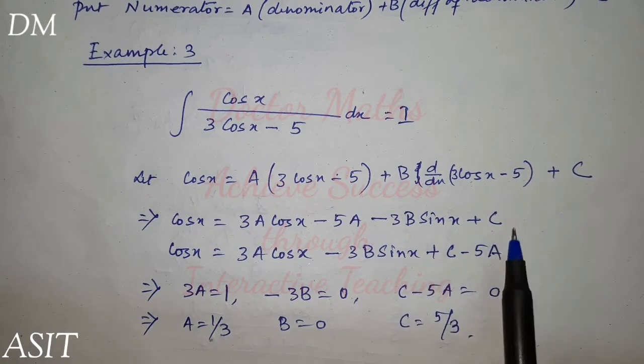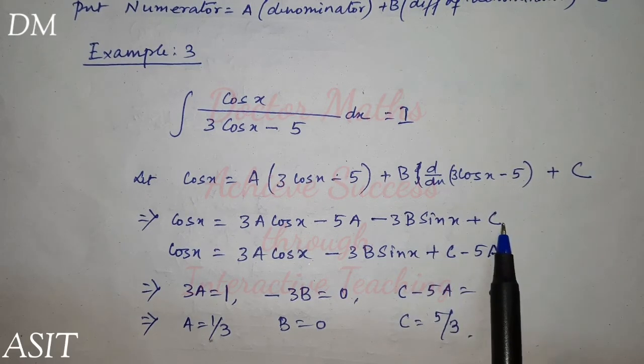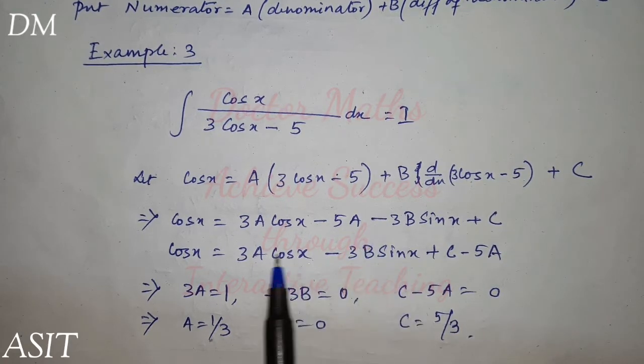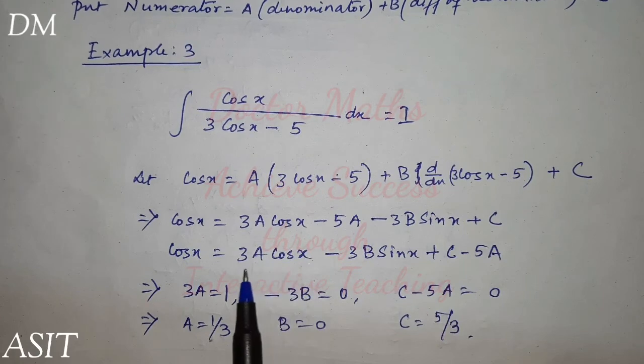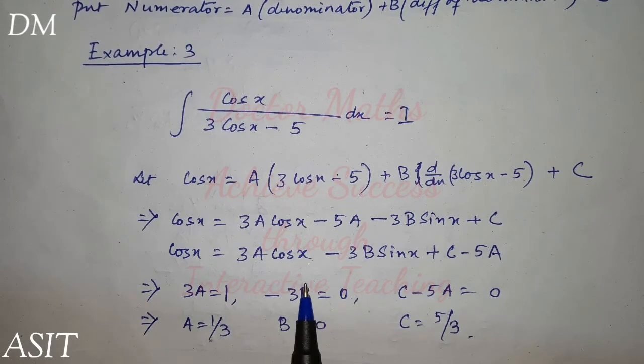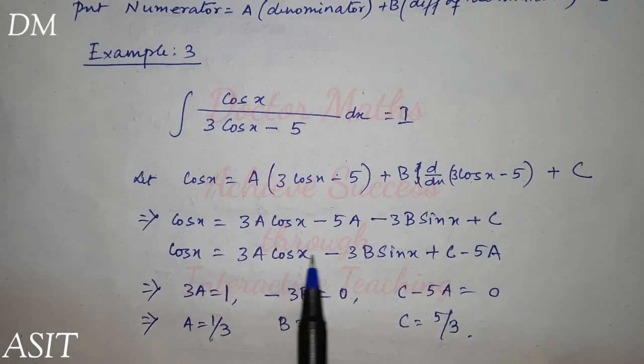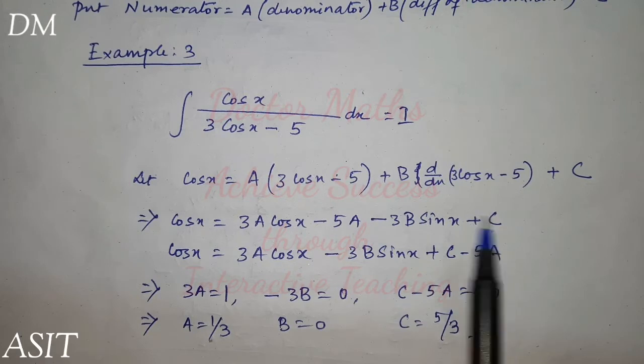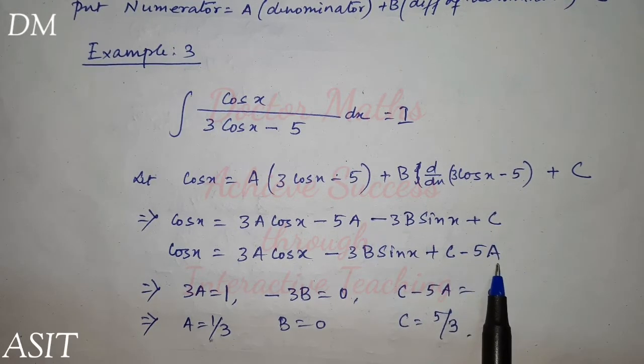Differentiation of the constant part is 0, plus c. Now I will write it in terms of the combination of cos x and sin x. So it will be 3a cos x minus 3b sin x. Now all the constant terms together, we can write plus c minus 5a.